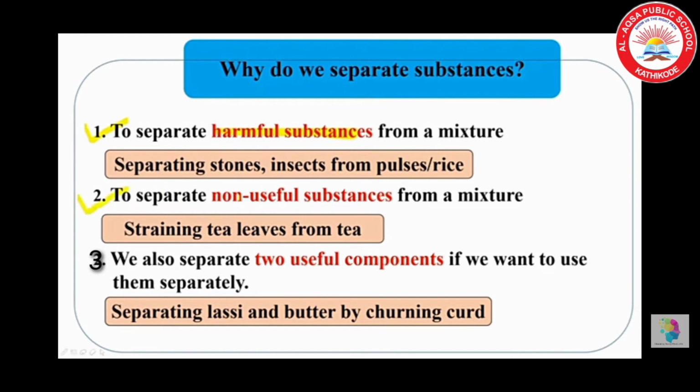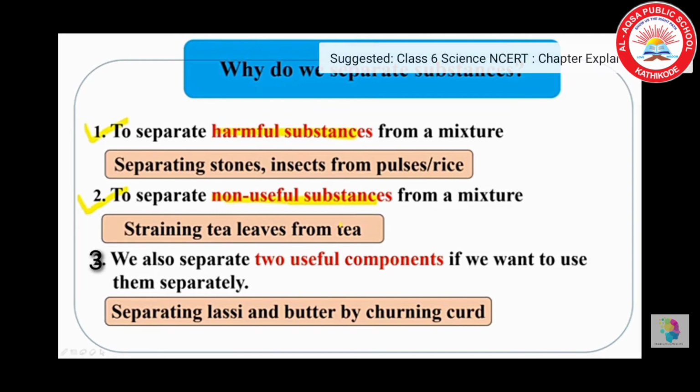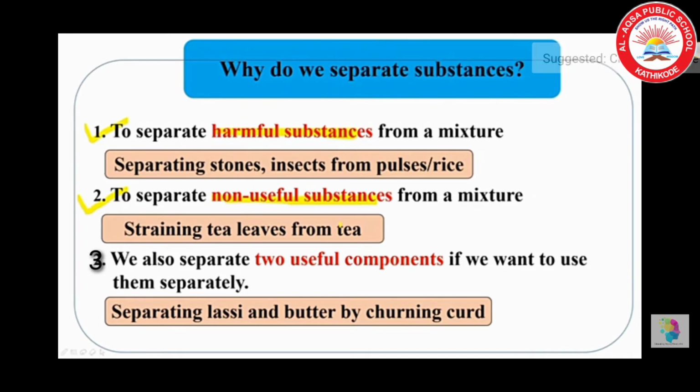And the second one, to separate non-useful substances from a mixture. For example, straining tea leaves from tea. Tea leaves are non-useful substances. So we have to separate these non-useful substances from the tea. Okay, tea is the useful component. And the third one is, we also separate two useful components if we want to use them separately.